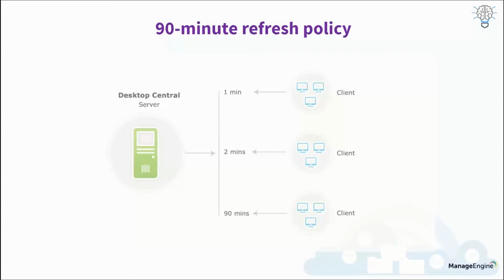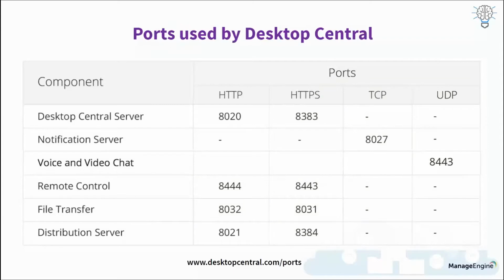Even if you have 90 machines or 900 or even 9,000 machines, the 90 minutes will be divided between them and each machine will be given a specific time to talk with the server. The server has the intelligence to assign a time for each client to talk to the server. This is to avoid network congestion or bandwidth related issues. So the 90 minutes refresh policy is designed in such a way that the load of the server will split evenly.